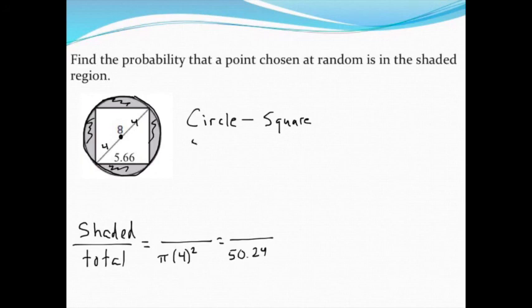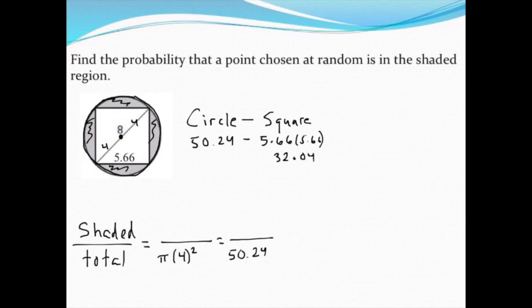So the circle area, we already know that from starting with the total, is about 50.24. For the area of the square, I need to find its area, so it's 5.66 times 5.66. So using a calculator to do that multiplication, I find the square's area is approximately, or I guess, well, exactly, if we're using those as exact numbers, my area of the square is 32.04.